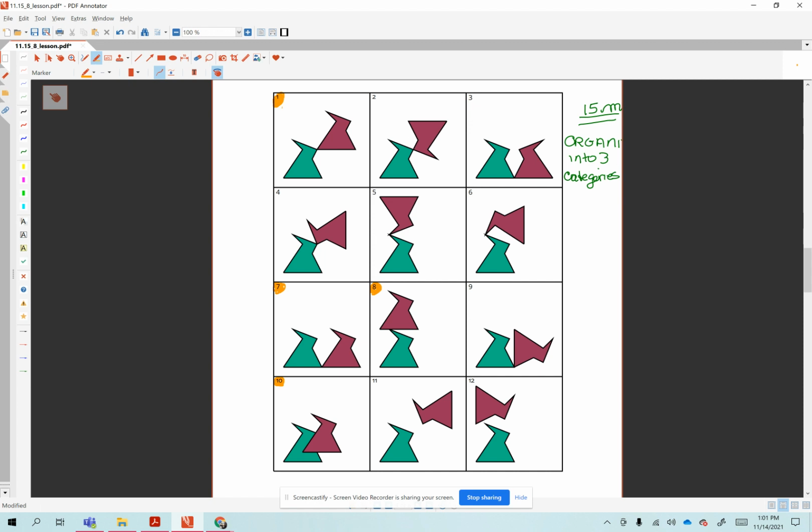So numbers 1, 7, 8, and 10 all seem to shift in a certain direction. I could put those in a category. I would say they sort of shift, and that would be number 1, 7, 8, and 10.